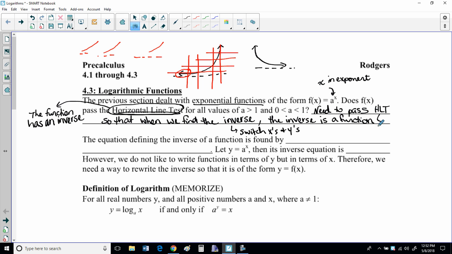And a function means VLT, right? Okay, so that's all that I just said in a nutshell.